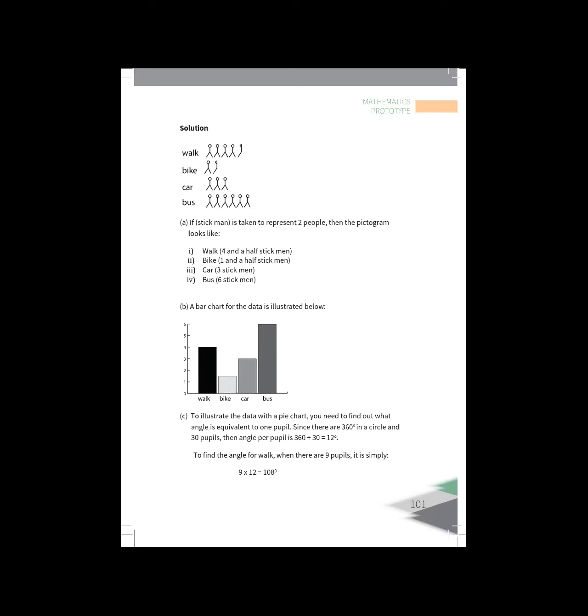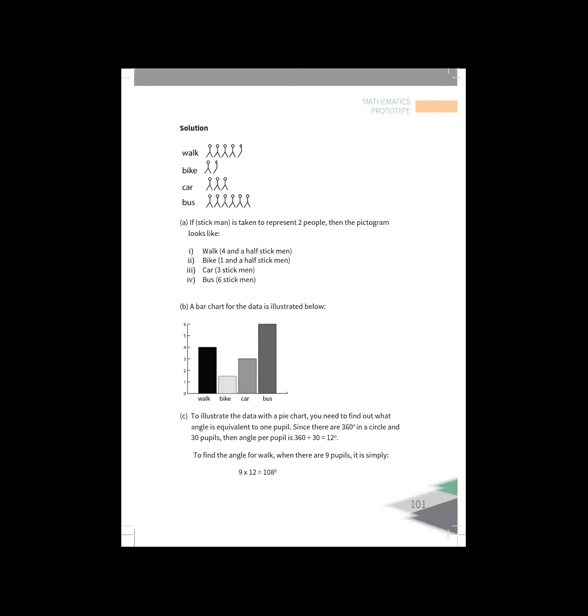If you want to get that, you divide one out of two to get a half. That means one person is represented by half a stick man. So to find how many stick men you have to draw for walk, you multiply a half times 9 to give you 4.5. That's why they drew 4 stick men and a half.